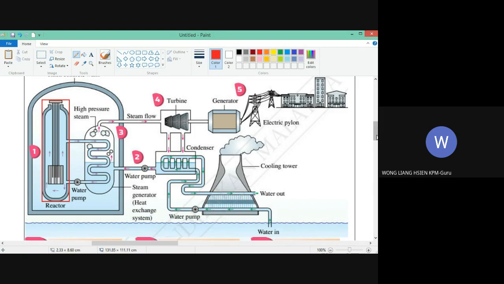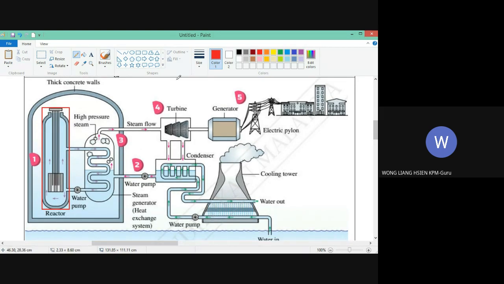I'm sure that you already know that pressure can affect the boiling point. The greater the pressure, the greater the boiling point. The opposite is also true. If lower pressure, then the boiling point will be lower also. So if you go to a very high mountain, for example Mount Everest, the boiling point of water on top of Mount Everest is lower compared to the boiling point here at sea level.